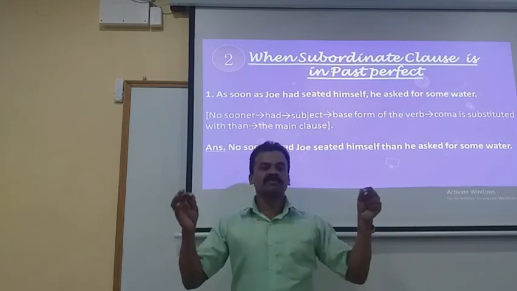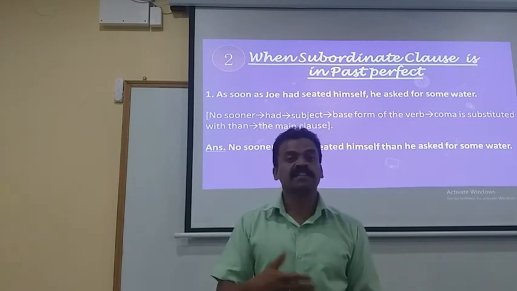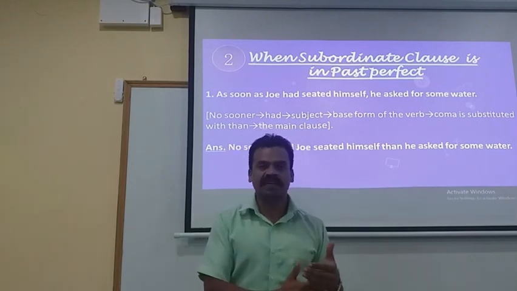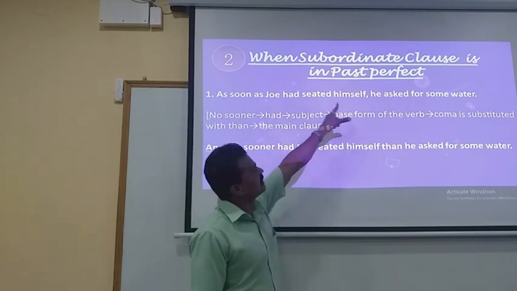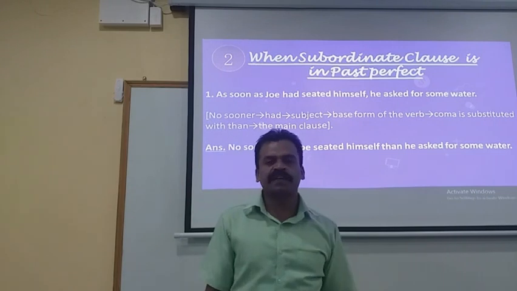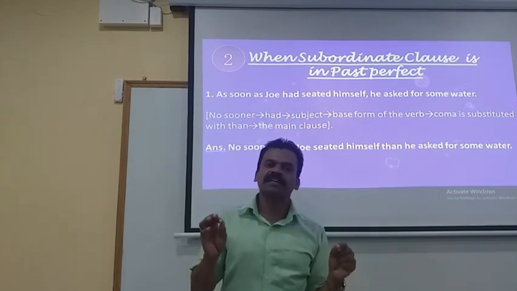As we saw in the previous questions, when the tense was simple past, we saw the rule. The same rule is applicable here too. "As soon as Joe had seated himself": "had" plus the base form of the verb indicates past perfect tense. So the statement here is in past perfect.